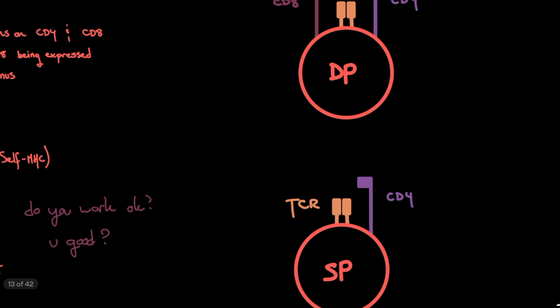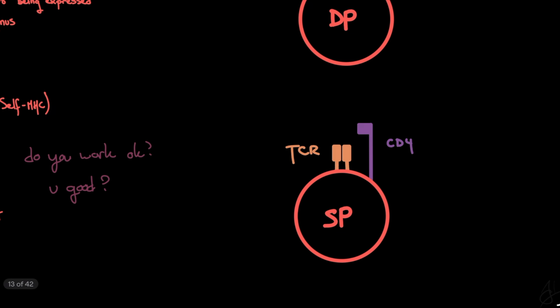Then depending on how the MHC binding went, if it liked one type of MHC or the other, it will select CD4 or CD8. So just depending on how that reaction went down. Again, we'll talk about that soon. If it liked CD4 more, then it's going to keep CD4, and now I'm a single positive T cell. So good, I'm getting close to finishing the process.